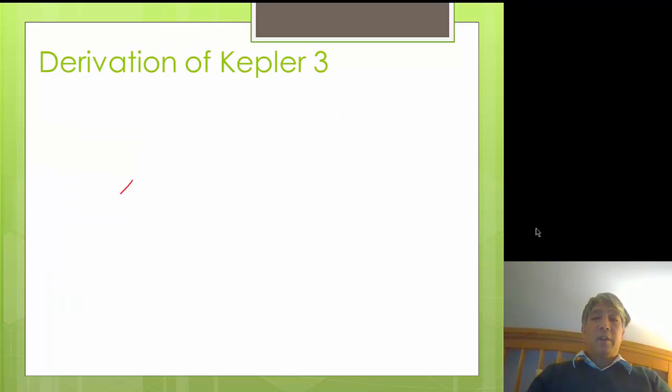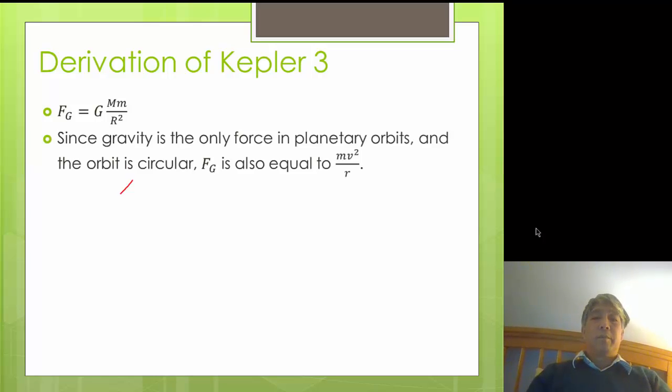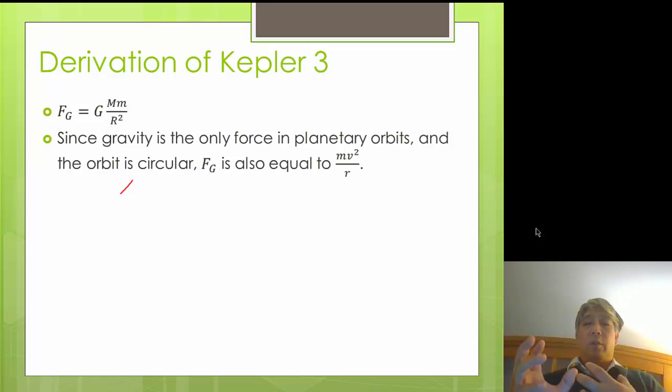So the derivation of Kepler 3 starts, like I said, with the universal gravitation formula, or GMm over r squared. When a planet's in orbit around the sun, gravity is your only force, and the orbit is circular. We're going to work solely with circular orbits, not elliptical orbits. So at that point, my gravitational force, Fg, is also equal to my centripetal force, or mv squared over r.